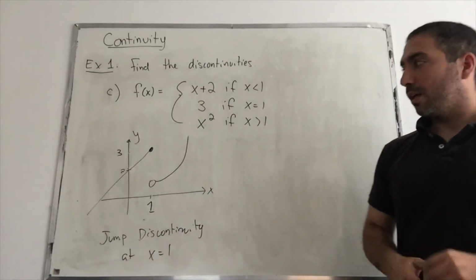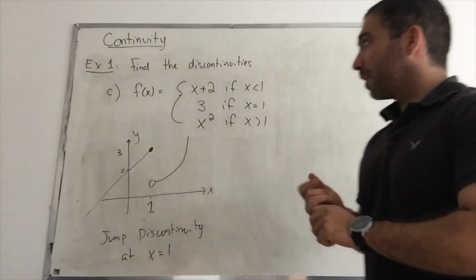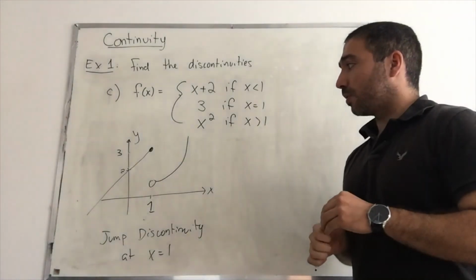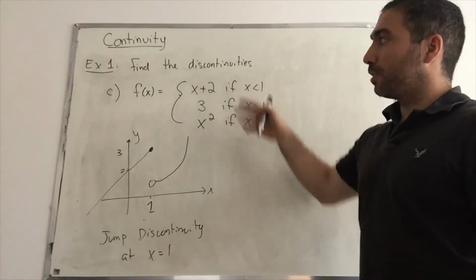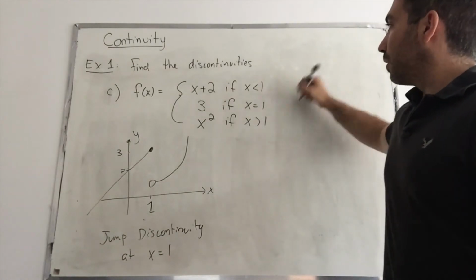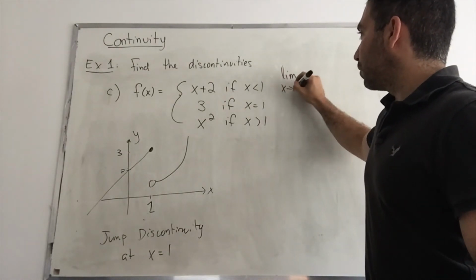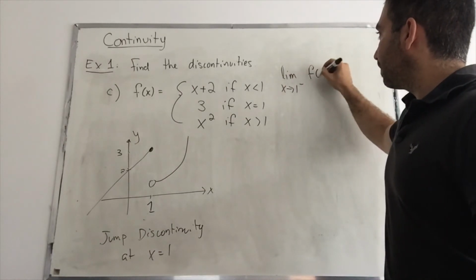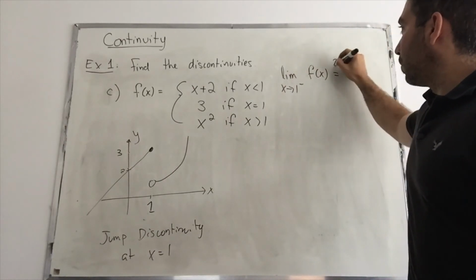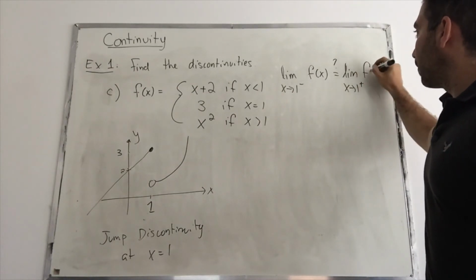Okay. Again, if you didn't want to sketch this, you could have done this without the visual by evaluating the limit. So typically when you have a piecewise function, you check the left side of the limit and the right side of the limit at these values here. So let's go ahead and do that. We'll take the limit as x approaches 1 from the left side of this function and see if it's equal to the limit as x approaches 1 from the right side of the same function.